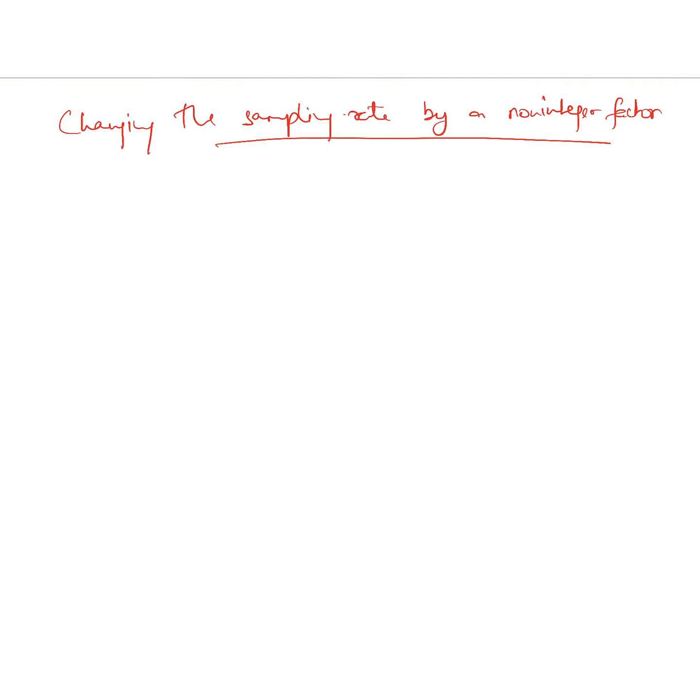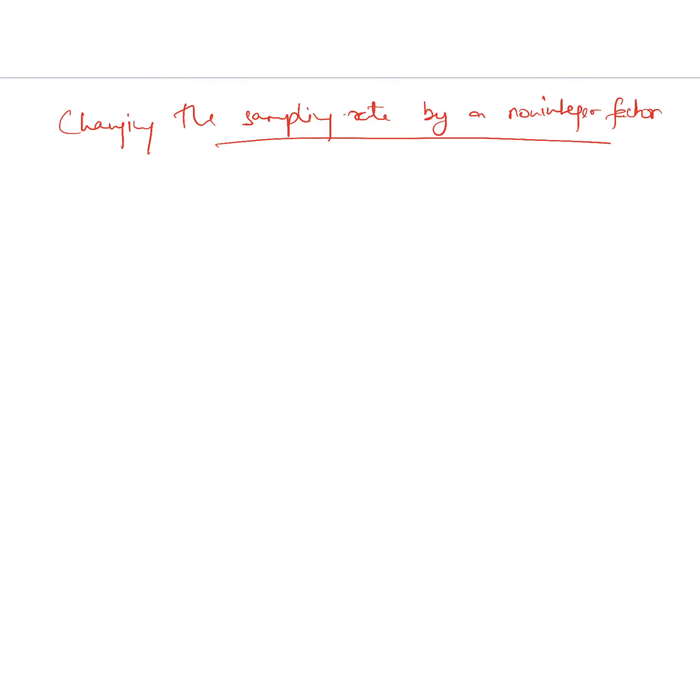The idea here is that by using the two previous concepts of increasing and decreasing individually, when we combine those two things, or let's say by combining decimation and interpolation, it is possible to change the sampling rate by a non-integer factor. So let's see.